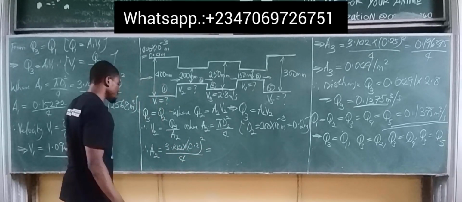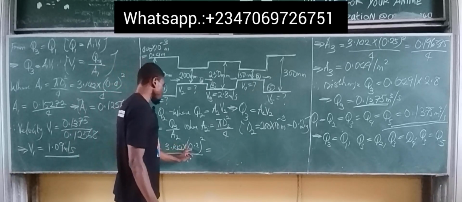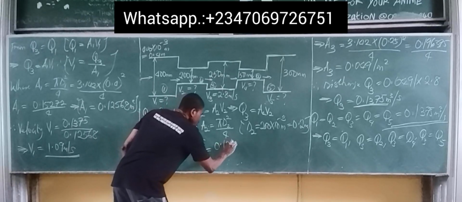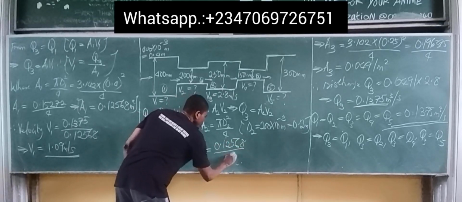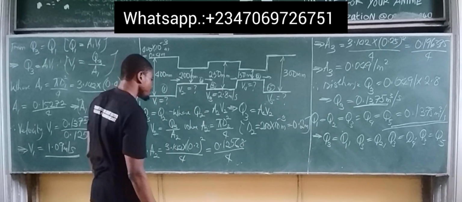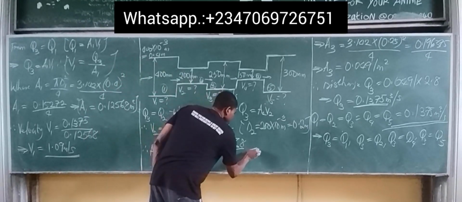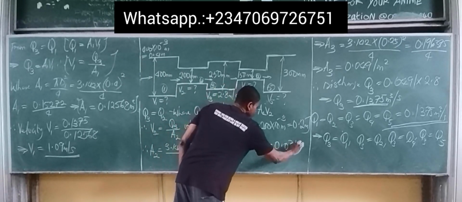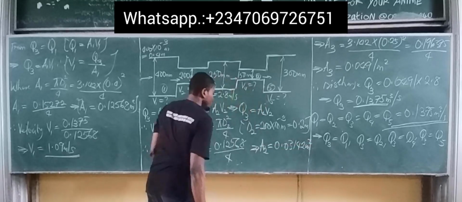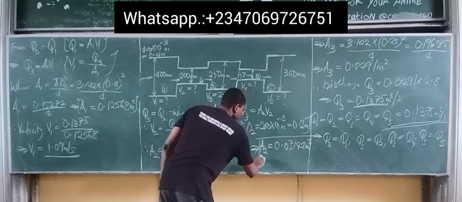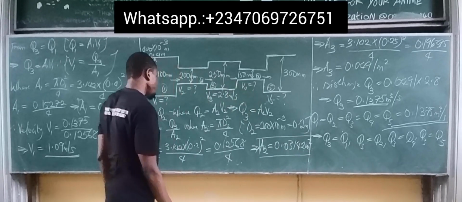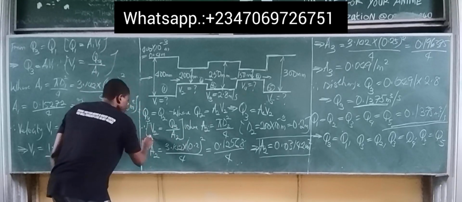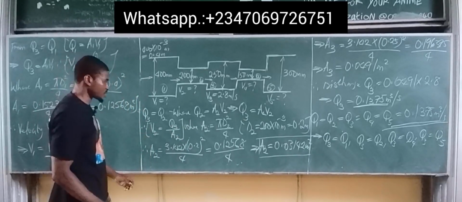Now let's obtain 3.142 multiplied by 0.2 all squared. That gives us 0.12568 all over 4. So 0.12568 divided by 4 implies that A2 is equal to 0.03142 meter squared. So the area of portion 2 is 0.03142 meter squared. Having known that, we simply substitute into this given equation to obtain the value of velocity at that segment.